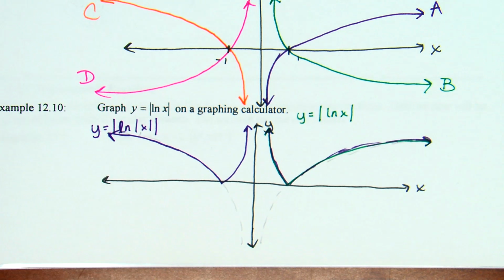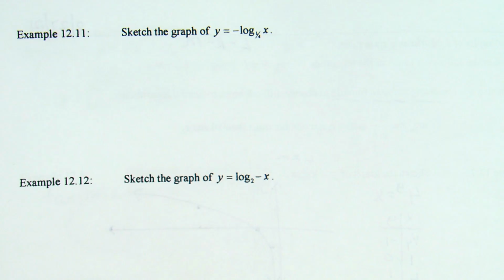Sketch the graph of y equals negative log base 1/4 of x. Can you just think of what that's going to be? I mean, you can kind of think of what the negative does, but what does that 1/4 do?